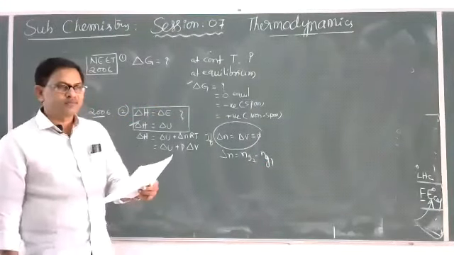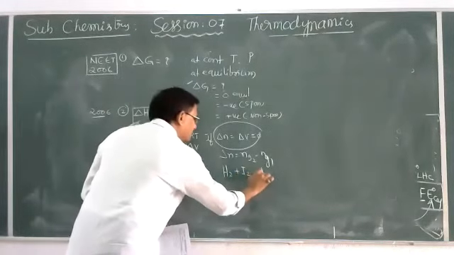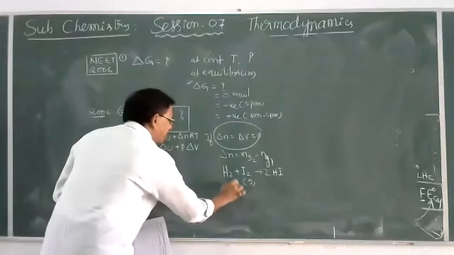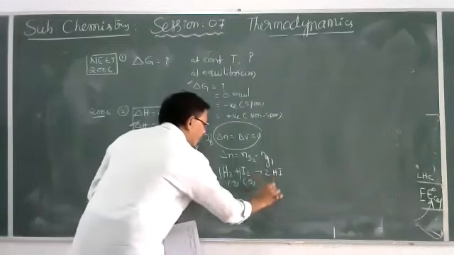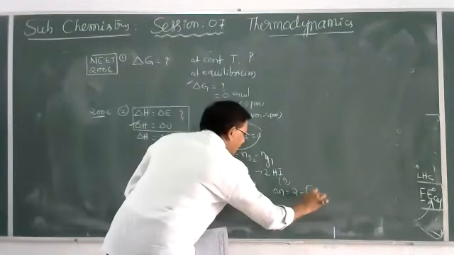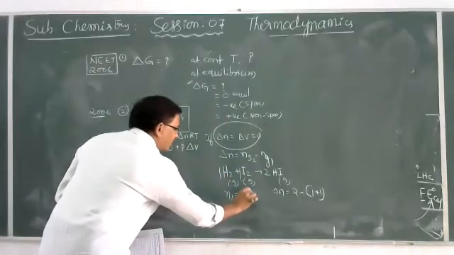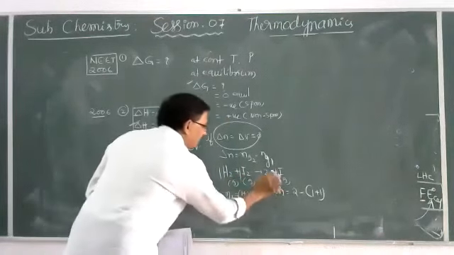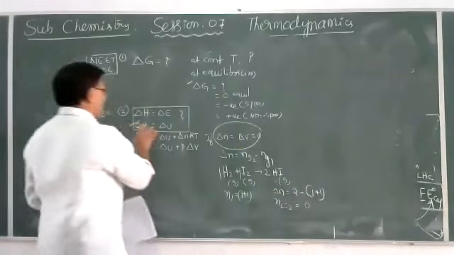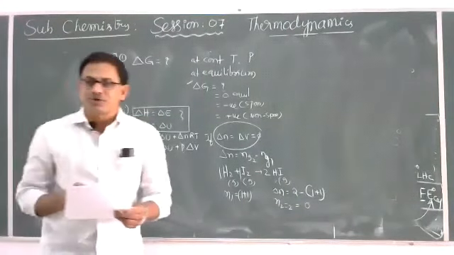The second option is H2 plus I2 gives 2HI. This is a gas, 1 mole here, and 2 moles, this is also a gas. Delta n is equal to 2 minus (1 plus 1). Here n1 is 1 plus 1 because these are gaseous, and n2 is equal to 2, so this value is equal to 0. That's why delta H is equal to delta U, and the second option is the correct one.